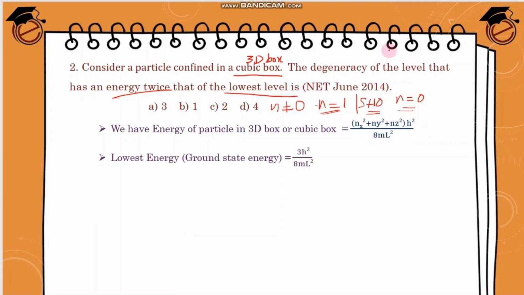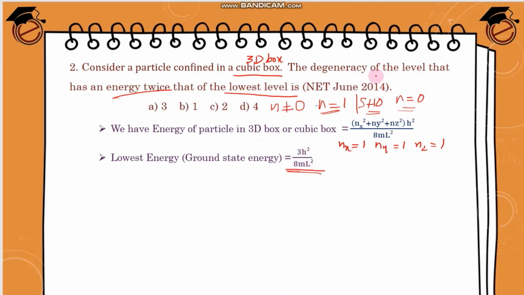Here nx equal to 1, ny equal to 1, and nz equal to 1. Then just add 1 square plus 1 square plus 1 square, it is 3. So the lowest energy for a 3D box is 3h square by 8ml square.